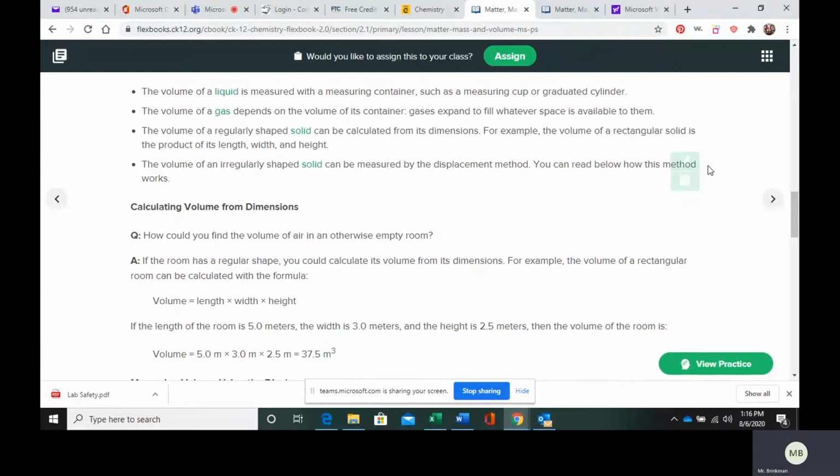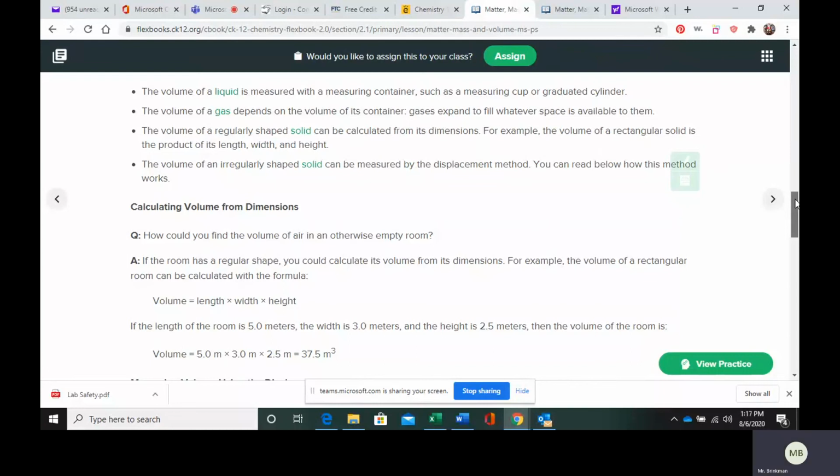And then the volume of a regularly shaped solid, let's say a solid rectangle, is going to be calculated from its dimensions. You're probably familiar with the equation, length times width times height, and that's how you would get the volume of a rectangular solid. Now, if you're trying to measure the volume of something that has an irregular shape, you can use the displacement method.